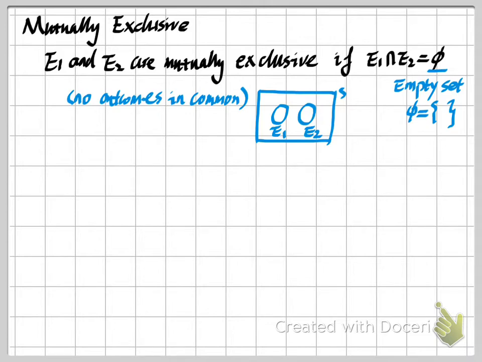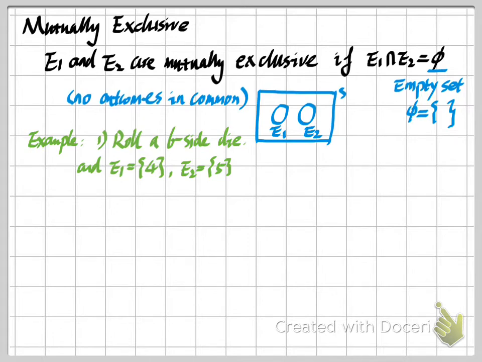If you want an example, let me give you two. The first one: if we roll a 6-sided die, the two events we are interested in are E1, we get a 4, and E2, we get a 5. Of course, E1 and E2 don't have any elements in common, right? So this means the intersection of E1 and E2 is an empty set.